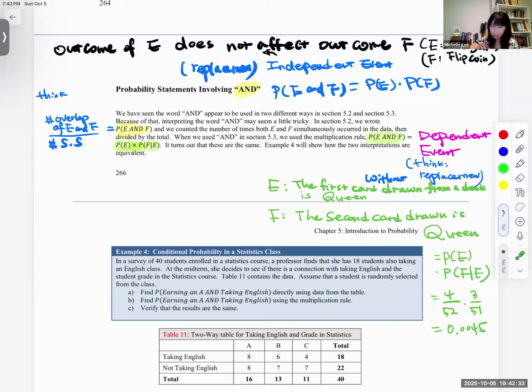One is overlap. One is independent event, and I make a joke all the time, but I cannot do that in the video. So the third one, dependent event, right? Yeah.